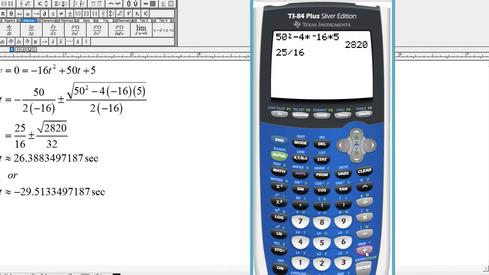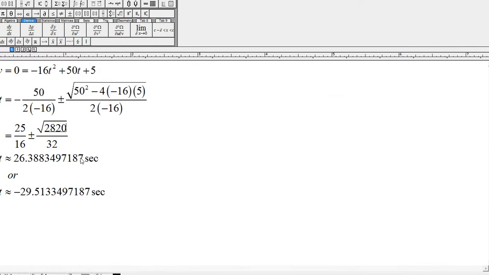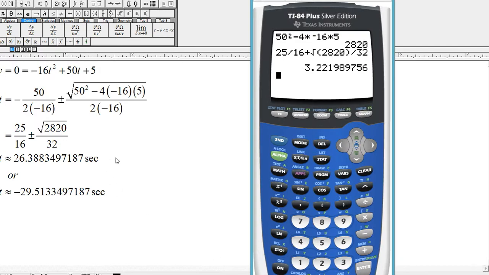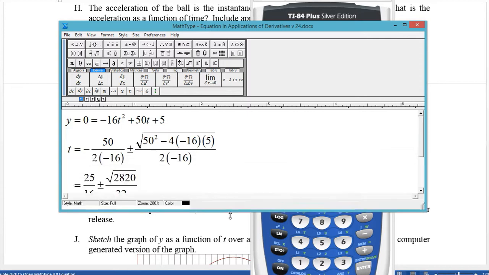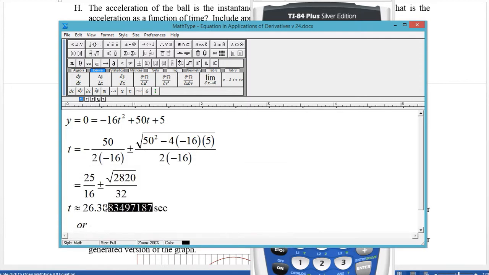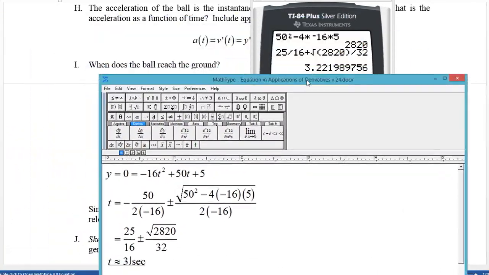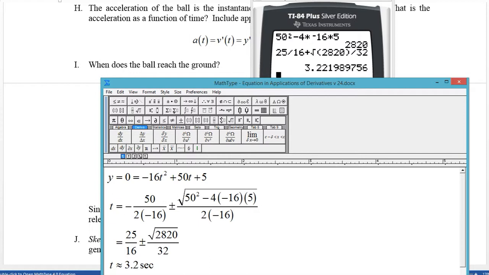Plus the square root of 2820 divided by 32. That's one of the answers. That's going to be the good one. Let's fix that. 3.221, 98.756, at least as far as the calculator goes.